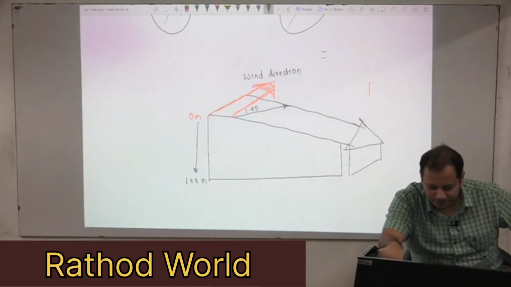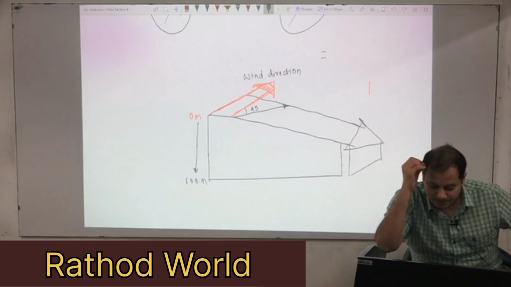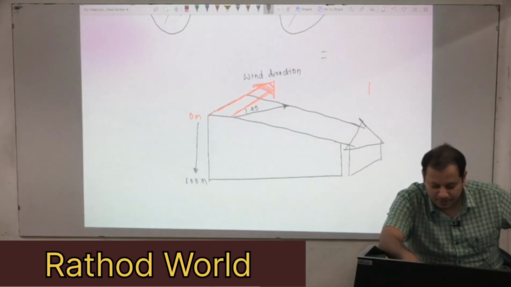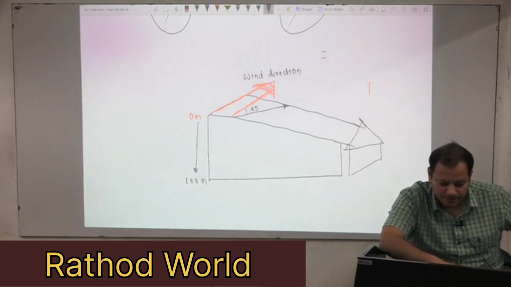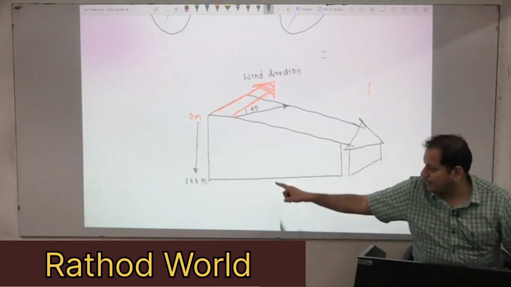The frictional force of the wind affects the water up to the depth of 100 meters.